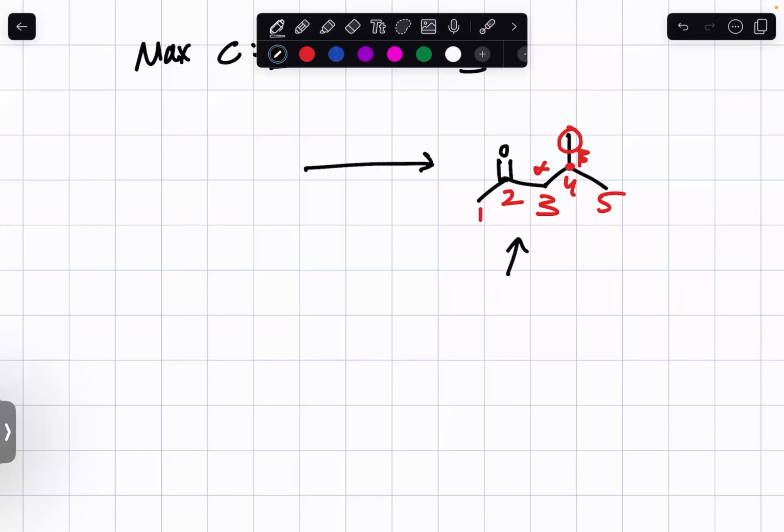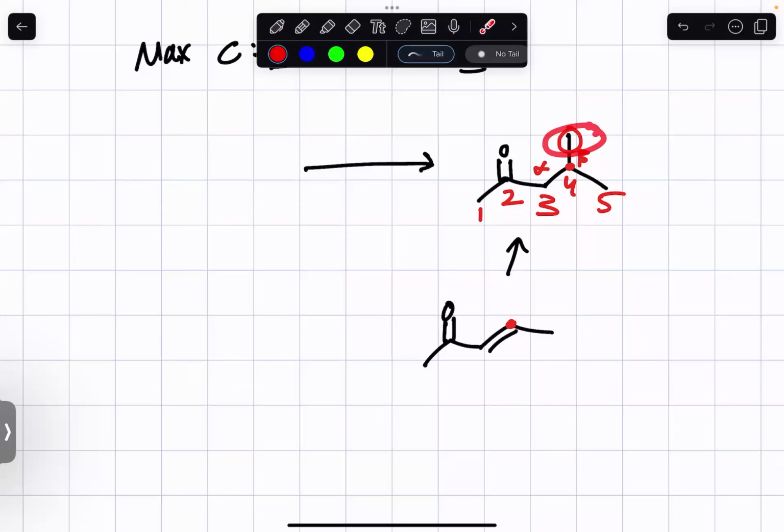Going backwards in retrosynthesis, that beta carbon was the electrophile, and we added an R group there. That means we want to use an organometallic reagent to add an R group to the beta position. Which organometallic reagent do we want to use to attack the beta carbon?